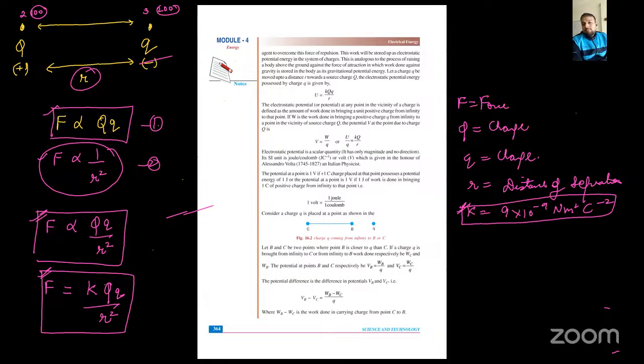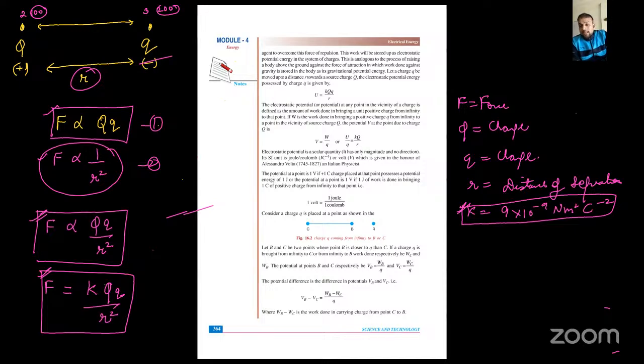If you remove the proportionality sign, it becomes kma, and in that case the value of k is 1. So in each case, the k value differs. It's not the same in all scenarios, because all have different aspects and different quantities.